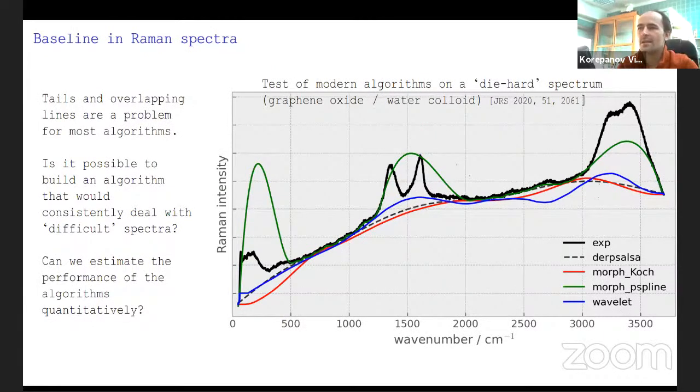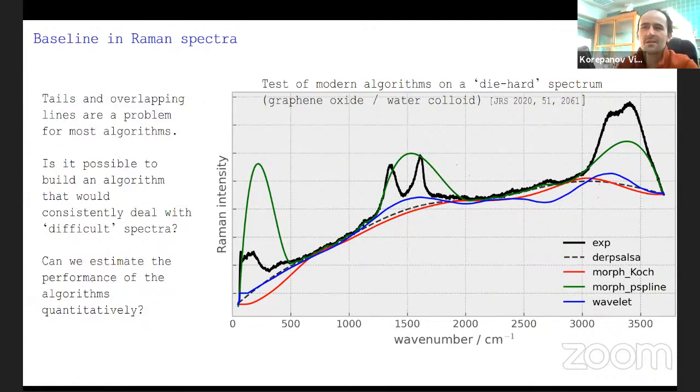So this is the test of several modern algorithms, including morphological, wavelets and some asymmetrical least squares. And this is how they agree with the experimental data.